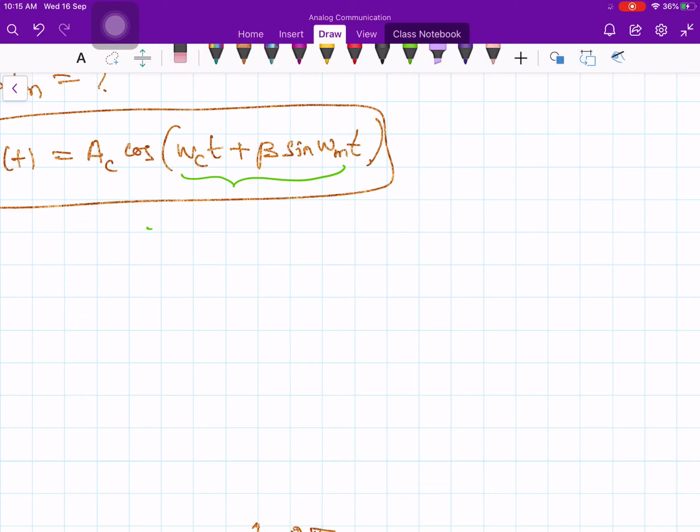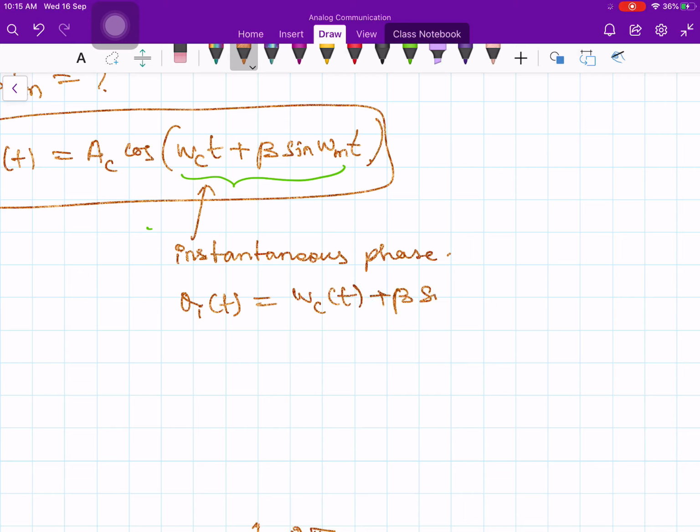Now this is instantaneous phase, as I said. How do we denote the instantaneous phase? Theta i of t. Theta i of t is equal to omega c t plus beta times sine omega m t.